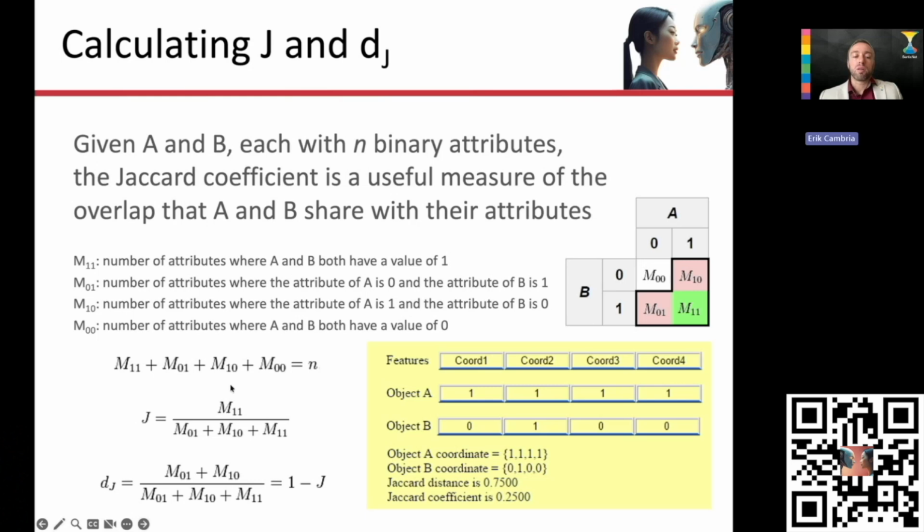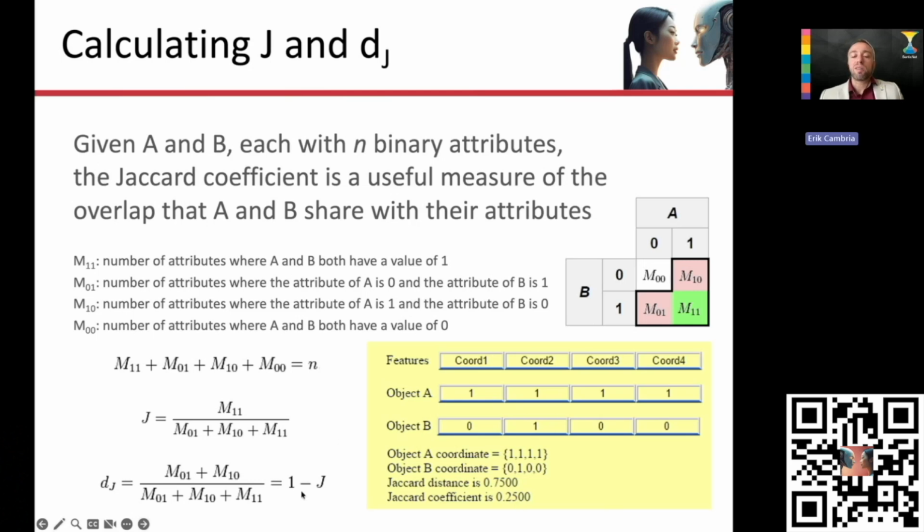The Jaccard coefficient is given by the total number of commonalities, in this case 1, 1. There's only one coordinate for which I have 1, 1, so this M11 will be 1 divided by the rest of the coordinates. So the Jaccard coefficient in this case is 1 out of 4, or 0.25, or 25%.